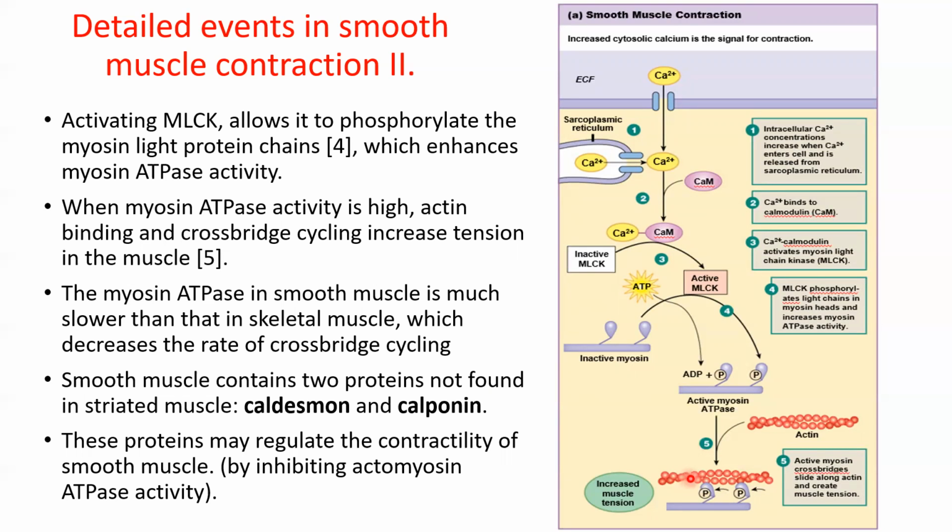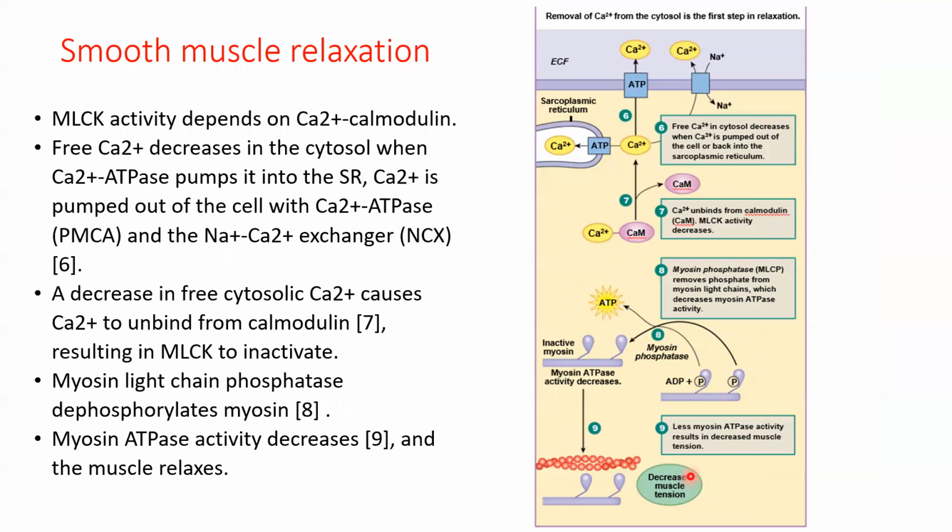All right. Now, how do I make it relax? And it's not as simple as skeletal muscle. Because if I take the calcium and put it back into the sarcoplasmic reticulum, the myosin light chain kinase might still work. In other words, I will still get a contraction.